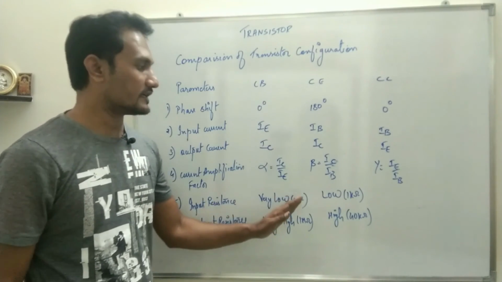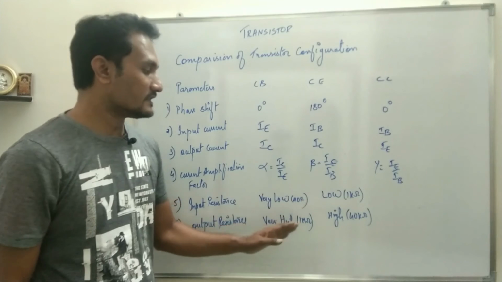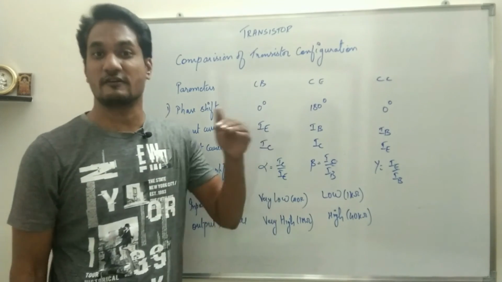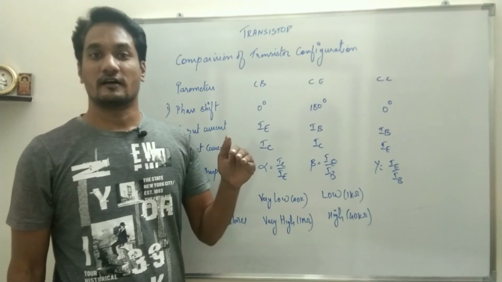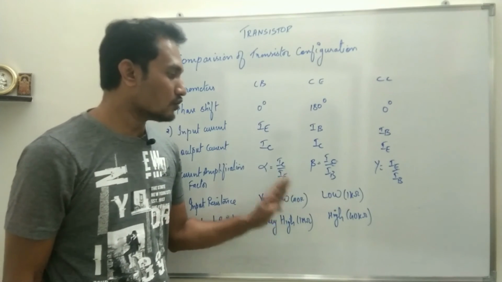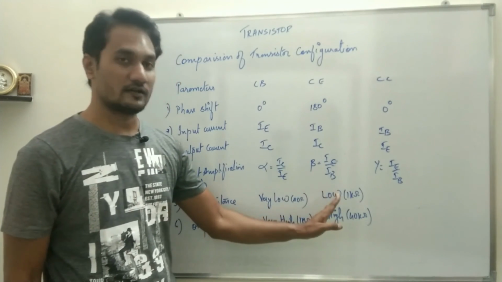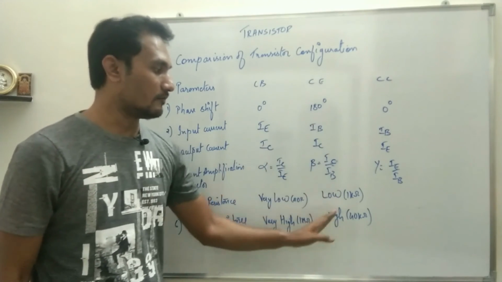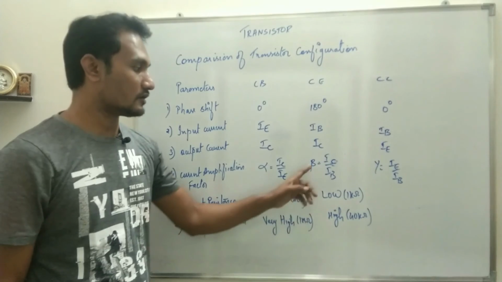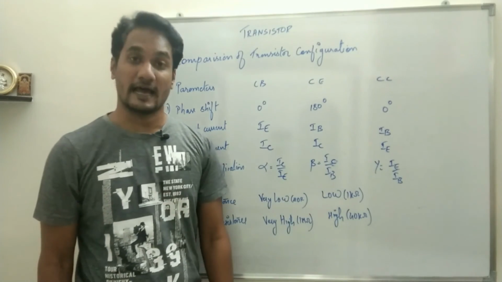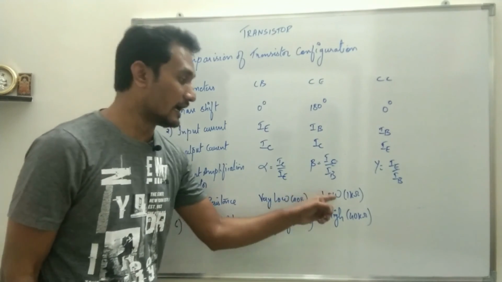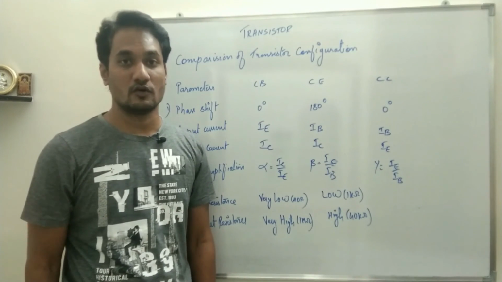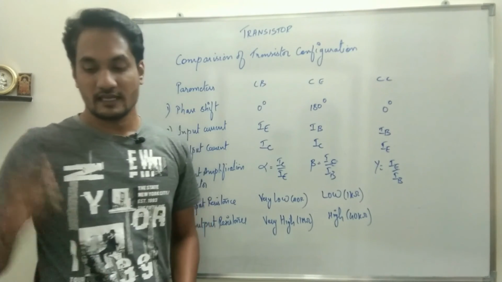So most of the times what we are going to do is, of course we can use common base configuration, but current amplification factor is very less. So therefore most of the time the circuit which we'll try to understand, or the circuit which we'll try to design, will be always common emitter configuration, because it has voltage amplification as well as current amplification, and the important characteristics of input resistance very low and output resistance very high.